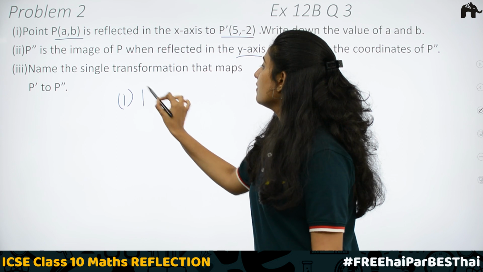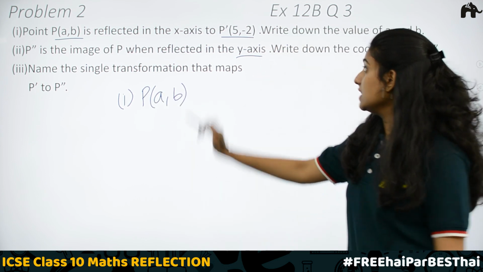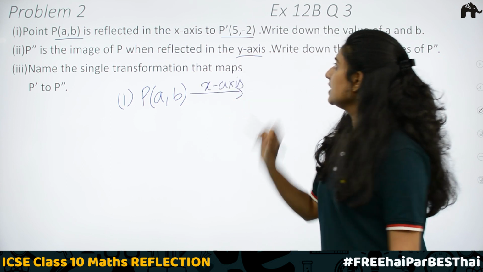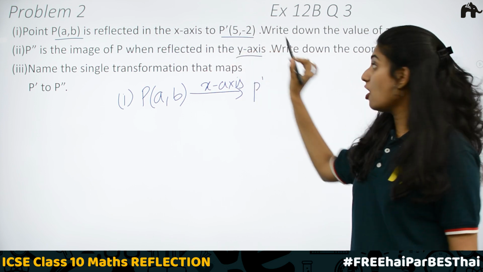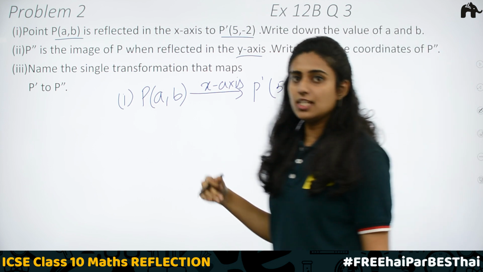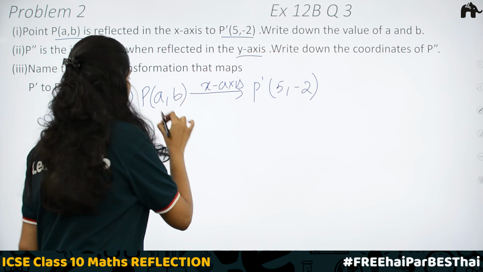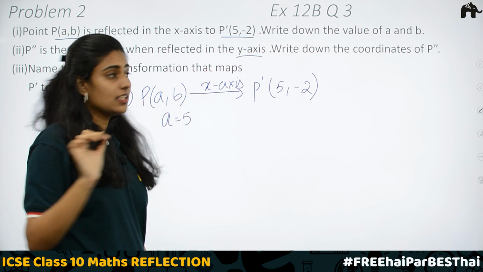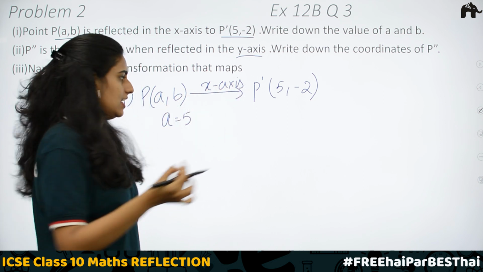We have a point P(a, b). This point is reflected in the x-axis. When this reflection happens, we get a point P dash with coordinates 5, minus 2. When the reflection is in the x-axis, the x coordinate remains the same. Therefore, a will be equal to 5. What about b? When the reflection is in the x-axis, the y coordinate sign changes.